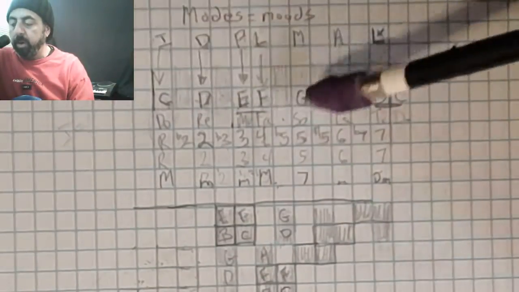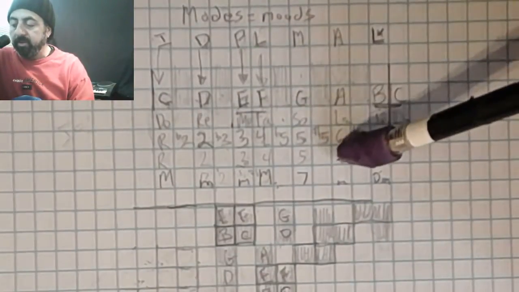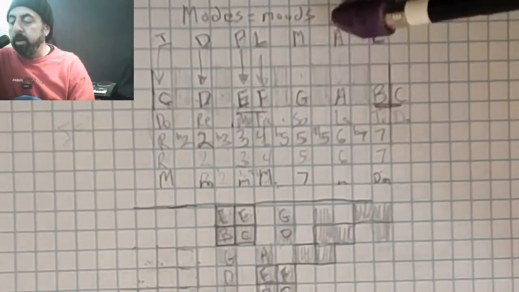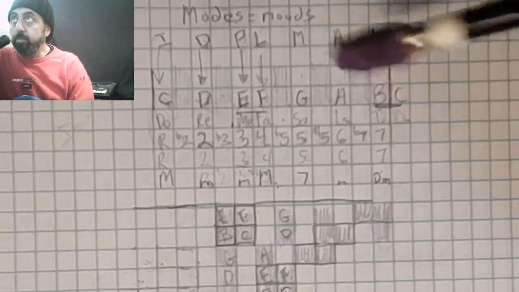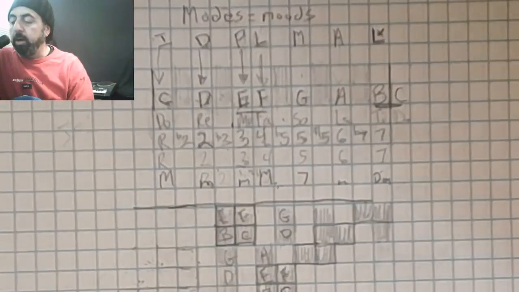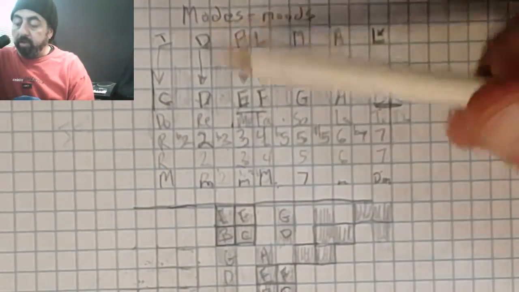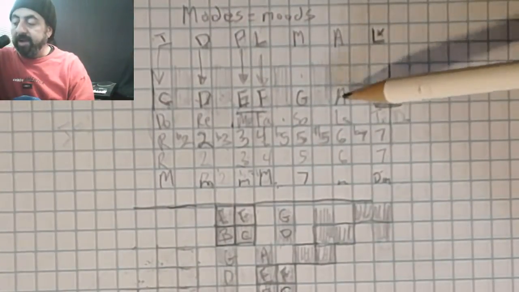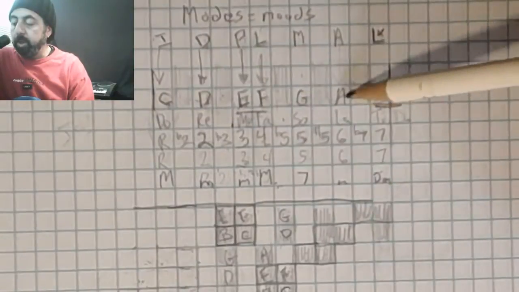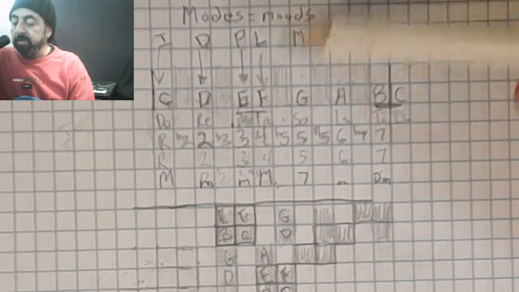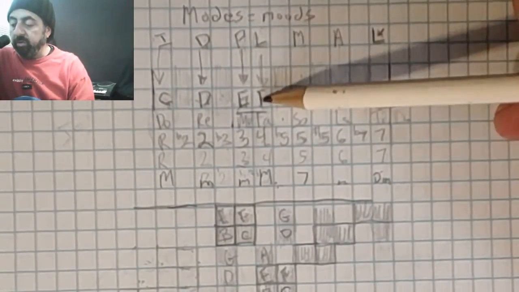Natural major, natural minor. Natural minor is always the 6th. So let's say you do want to emphasize one of these modal things, you emphasize the chord, I guess is the short, quick way to say this.